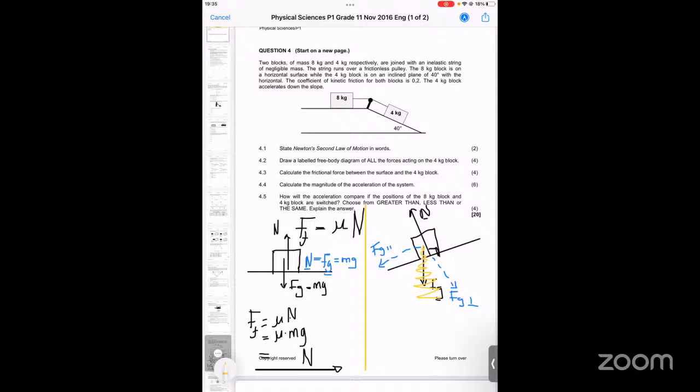This only happens when the object is on an incline. So now you can see that the normal force is balanced with the FG perpendicular. Why? Because this object is not moving in that direction, and again, it's not moving in that direction. These two forces balance each other.